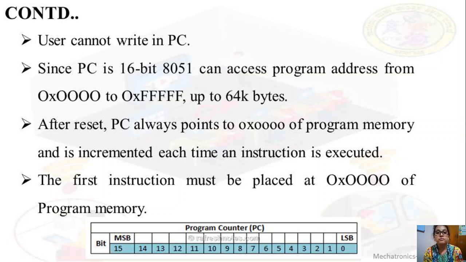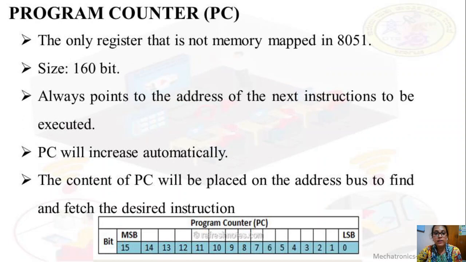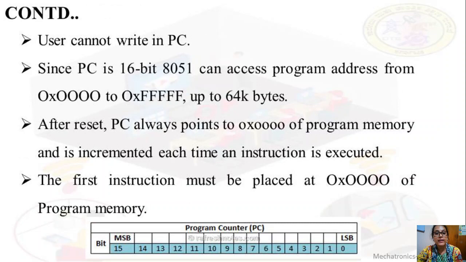So the program counter is 16-bit. Its function is to always point to the address of the next instruction to be executed. Its contents will be placed on the address bus to find and fetch the desired instruction. The PC increases automatically and you cannot write in the PC.